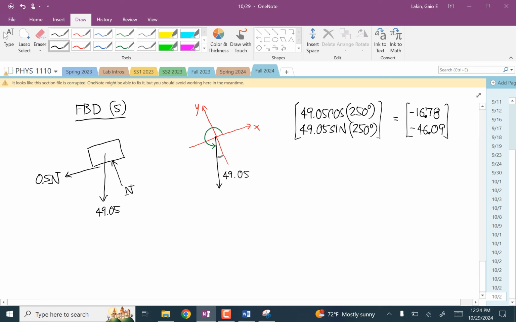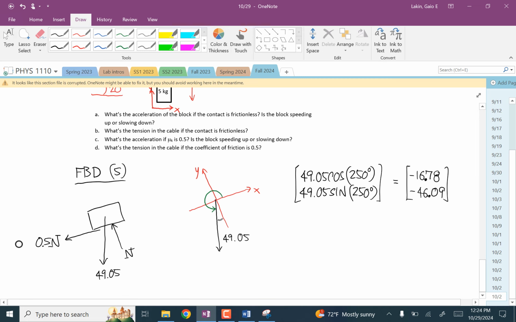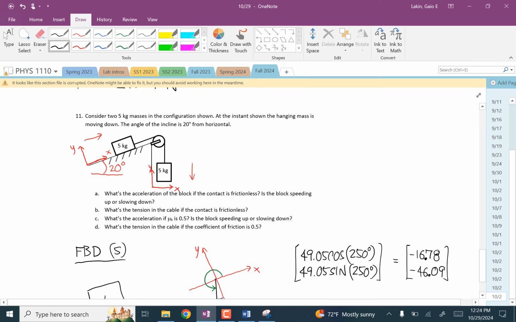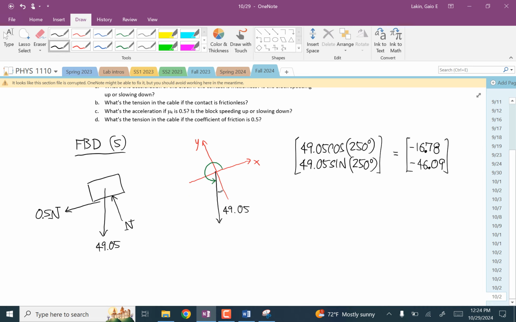Does it make sense that we got two negative components here? Yes, because this is in the third quadrant of the coordinate system, so those should both be negative. And now in our coordinate system, is this free to move along the x or y axis? X. And so our acceleration vector is a, 0.